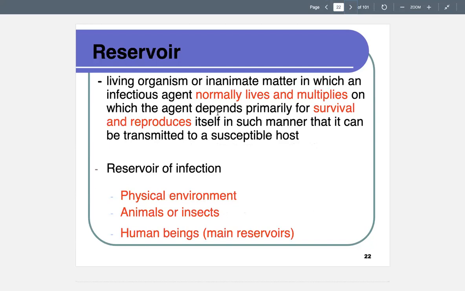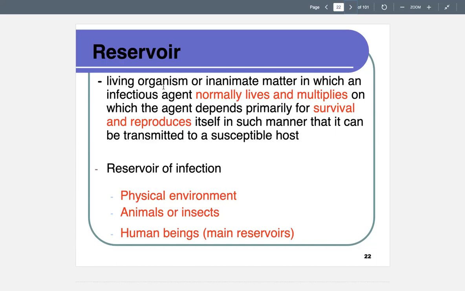So the environment could serve as the reservoir, where the infectious agent may originate before it enters a susceptible host.